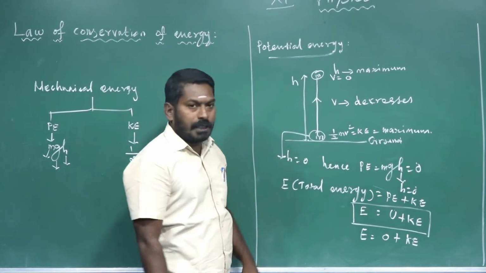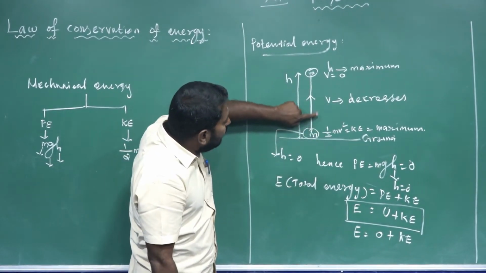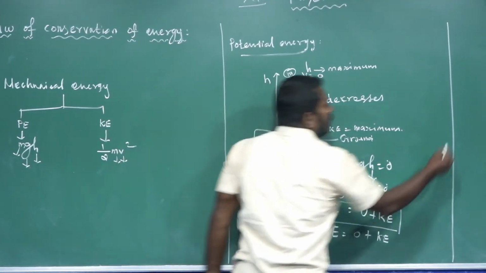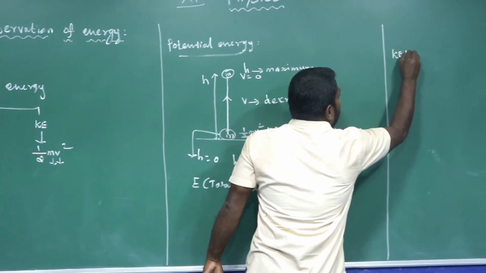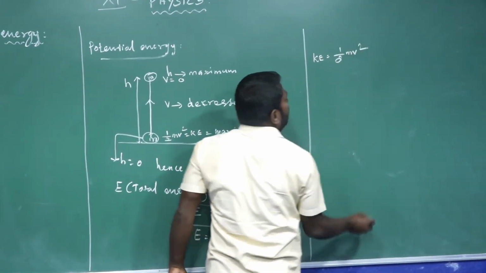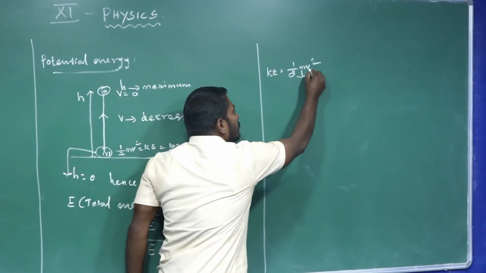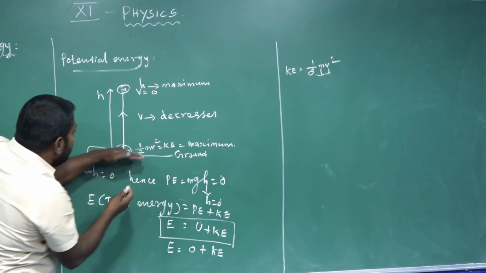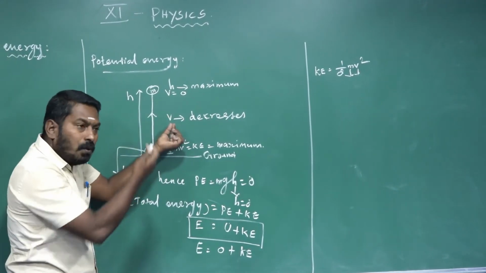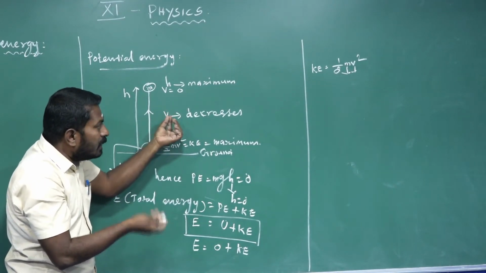Then during its motion, the velocity of the body decreases at a constant rate. Kinetic energy Ke is equal to half mv square. If the mass of the object does not change but the velocity decreases at a constant rate, the kinetic energy keeps decreasing.